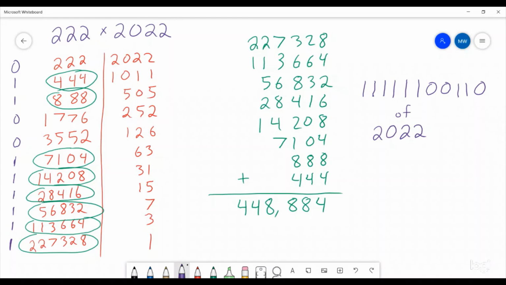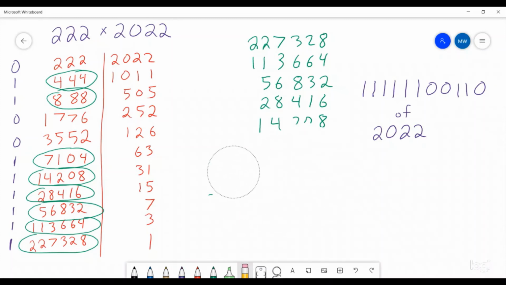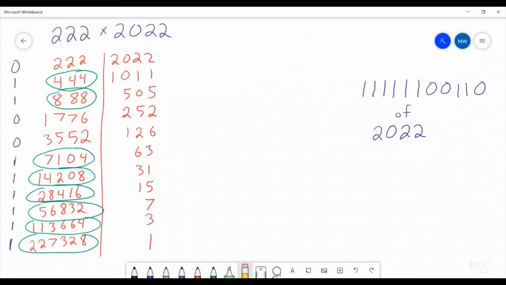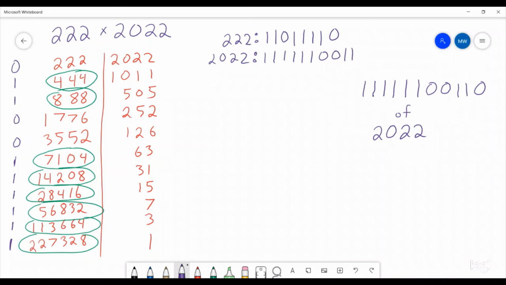And when we do the multiplication by binary, we're going to take the representation of 222, which, if you're curious, corresponds with the number 1101110. So I'll write 2022 here as well. 11111100110, 6 ones, 2 zeros, 110. So there we go. Those are the binary representations of the numbers.